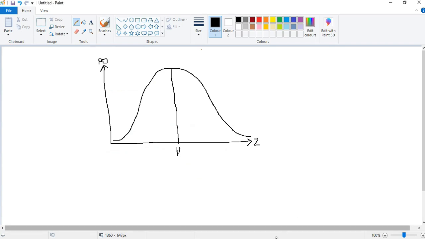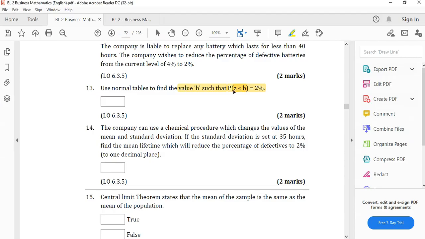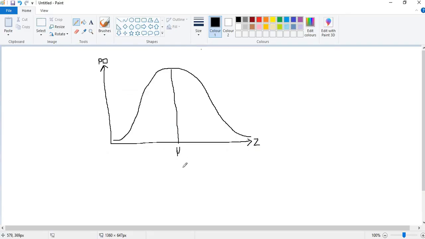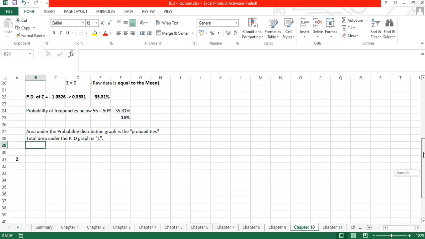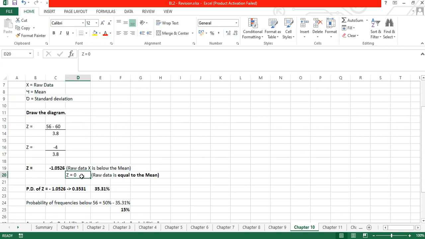They say the probability of Z is less than B. That means we have to assume that Z is at the mean point. I told you all previously, when Z is equal to the mean, Z is equal to 0.